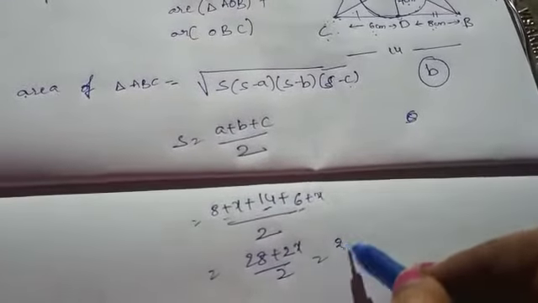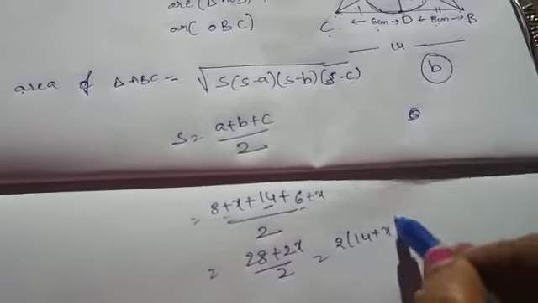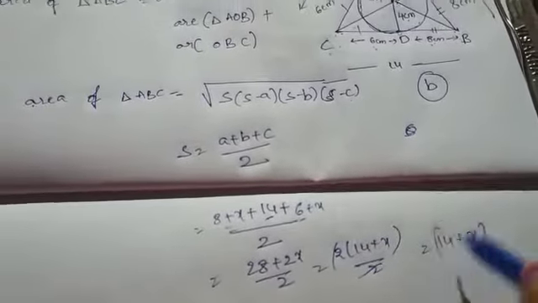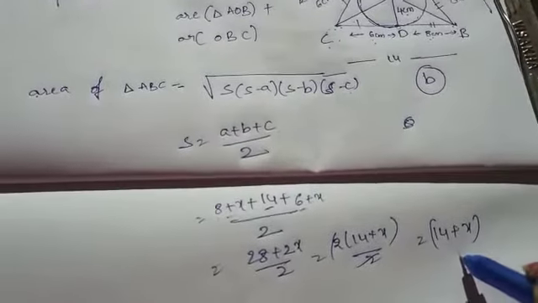Here 2 is common, 2 into (14 plus x) by 2, the 2 gets cancelled, which is equal to 14 plus x. So S equal to 14 plus x.